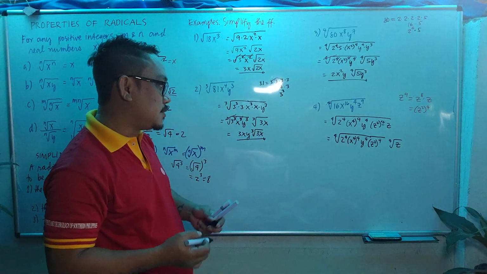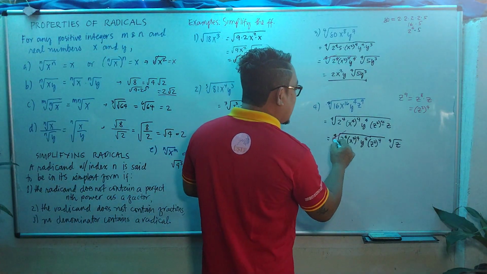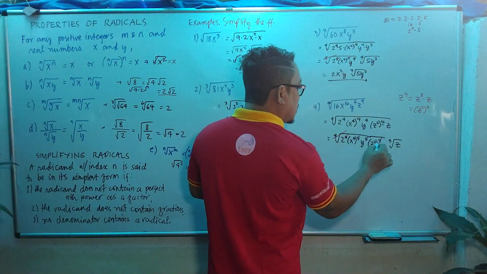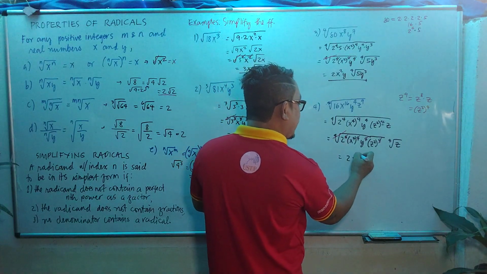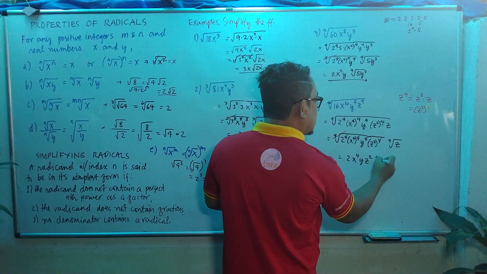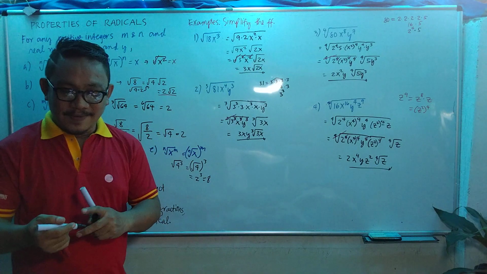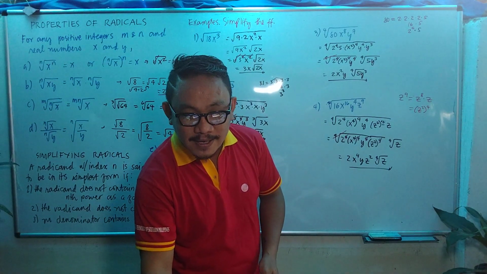We set it aside. We can directly cancel the radical and the power. What remains, you just copy: 2x to the 4th y z squared times the fourth root of z. That's it. That is how easy it is to simplify radicals.